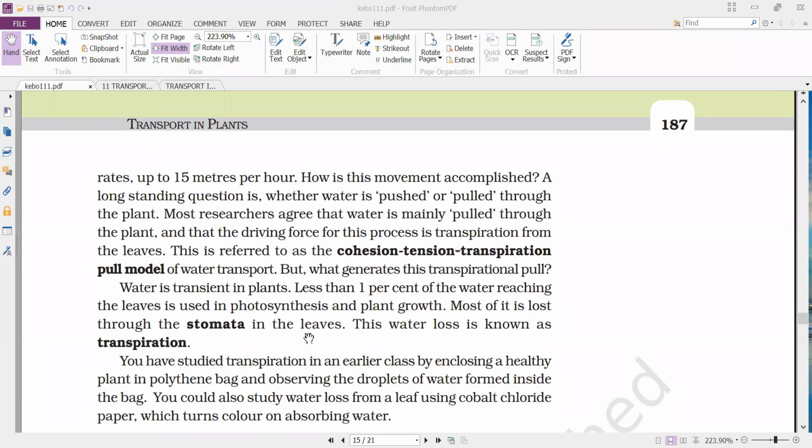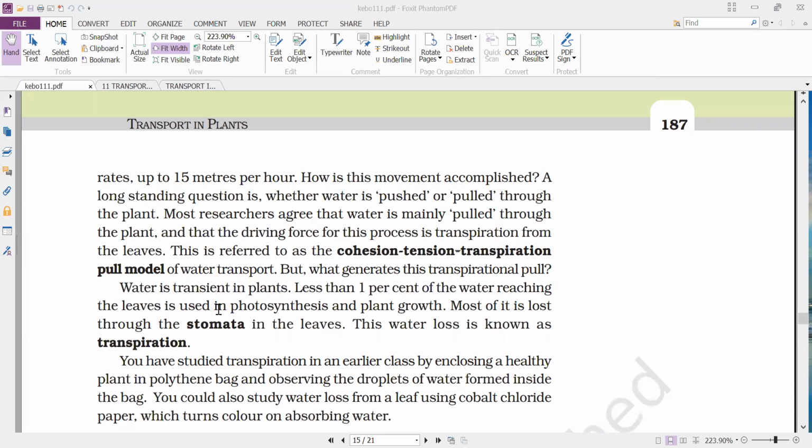So that's why this movement of water in the xylem, we are calling it the cohesion tension transpirational pull model of transportation of water in the xylem. And how does this transpiration help in transportation of water in the xylem?